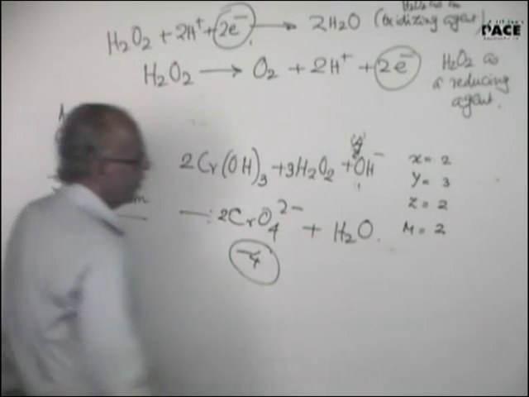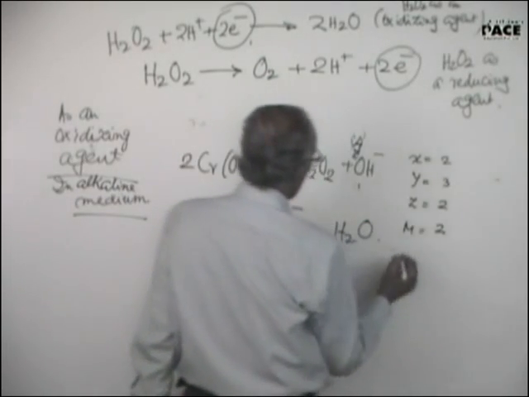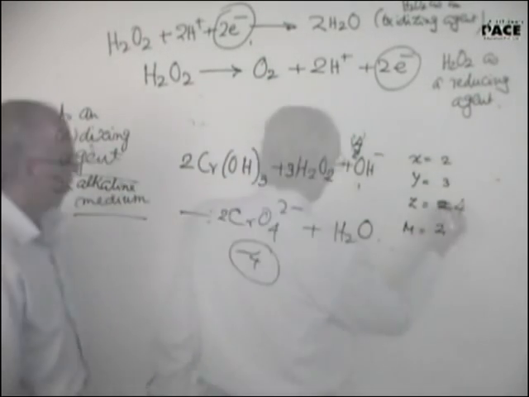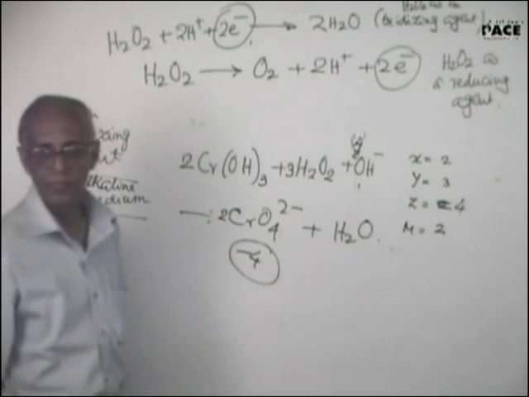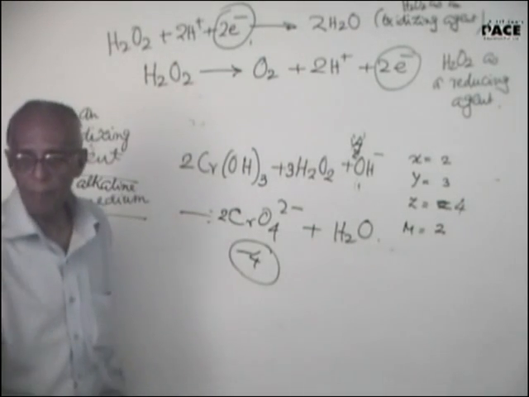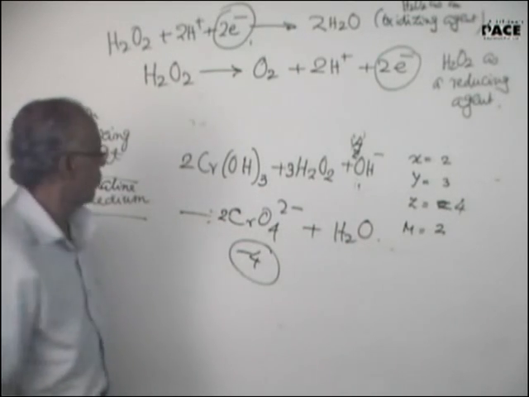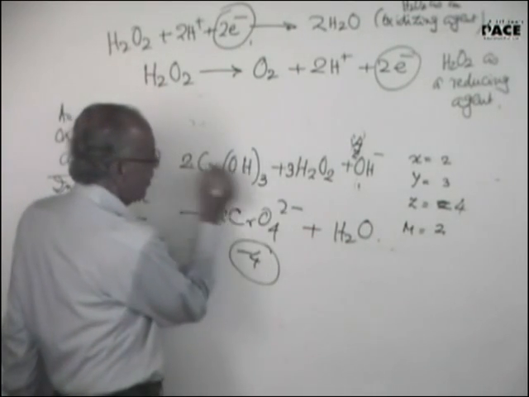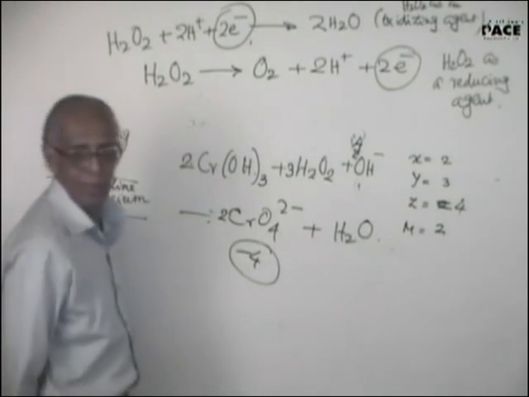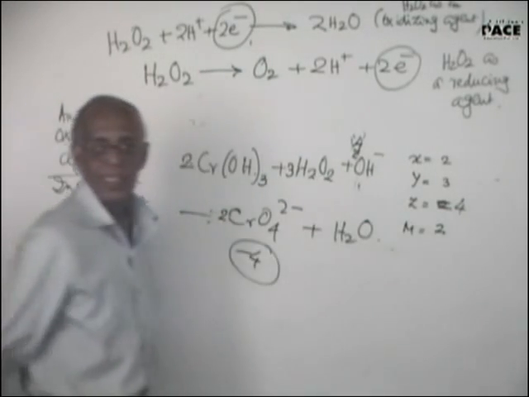Then Z equals 4. Then how many water molecules? Count the number of hydrogen. 6 hydrogen plus 6, 12 plus 4, 16, so 8 water.